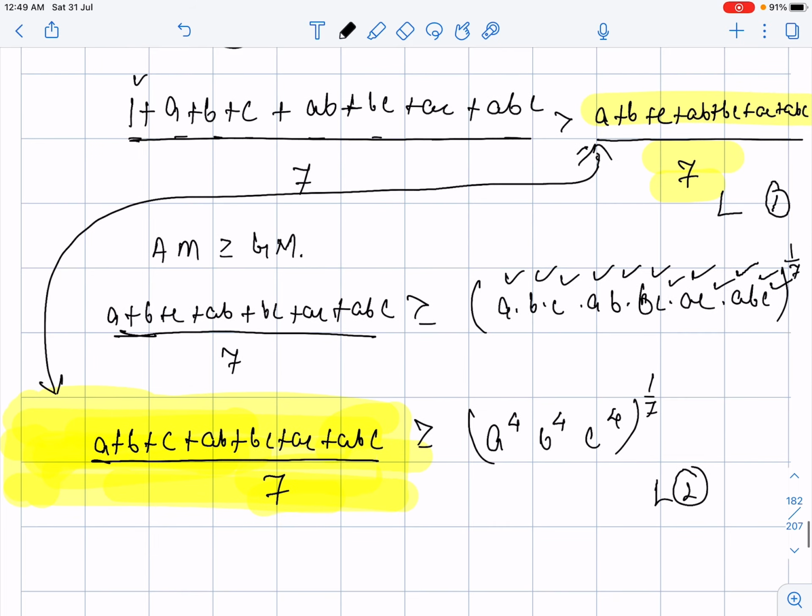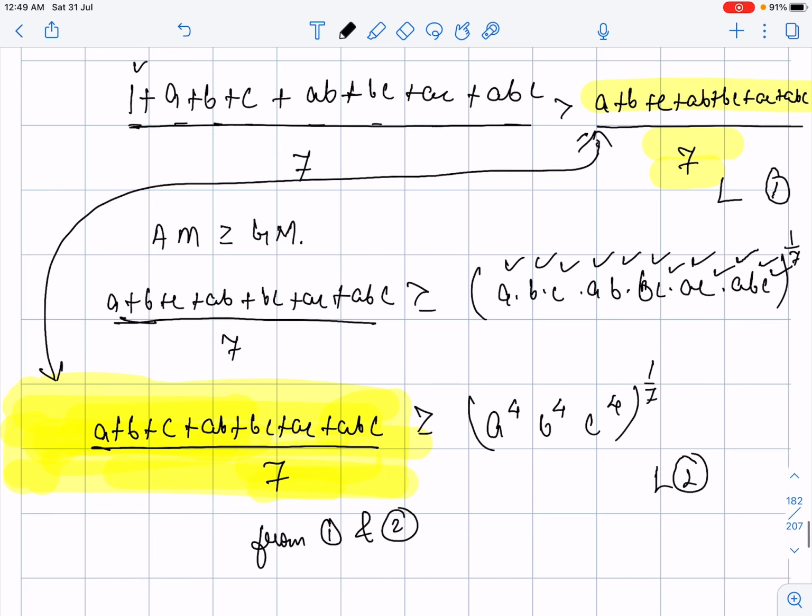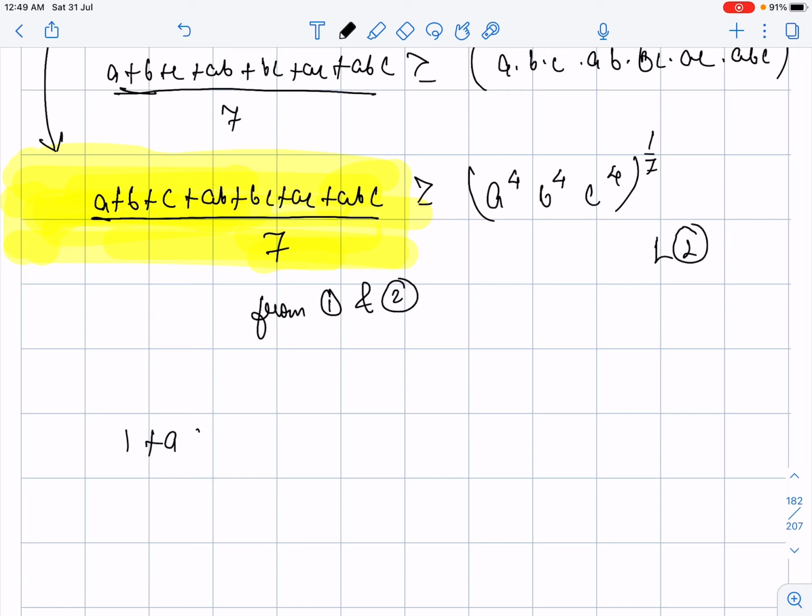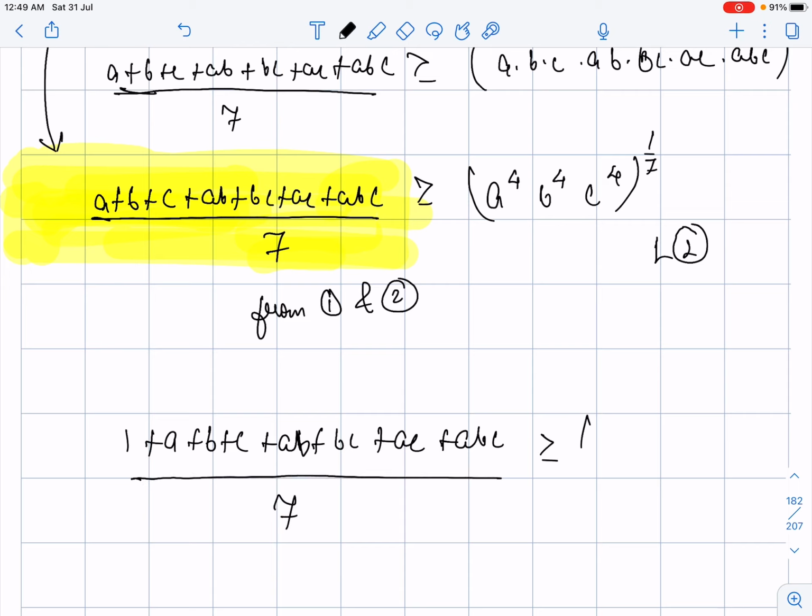So we'll write from 1 and 2: 1 plus a plus b plus c plus ab plus bc plus ac plus abc divided by 7 is greater than or equal to a power 4 dot b power 4 dot c power 4 whole to the power 1 upon 7.